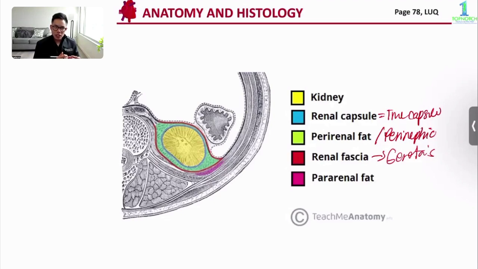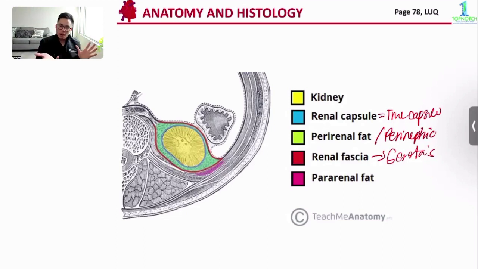I believe Gerota's fascia encloses the kidneys as well as the suprarenal glands, and it's continuous across both sides of your abdominal area. Infection may travel from one renal fascia to another, so you have to be very careful of that in patients presenting with abdominal abscess.